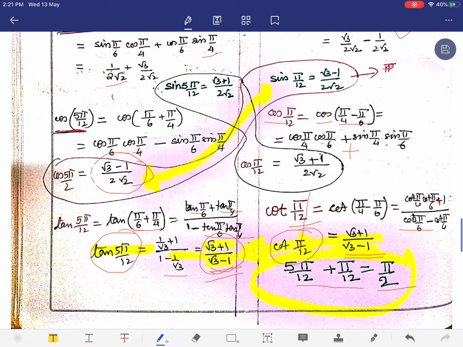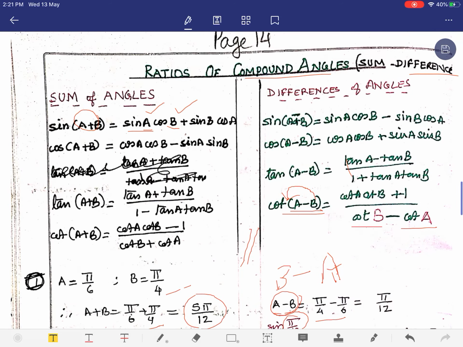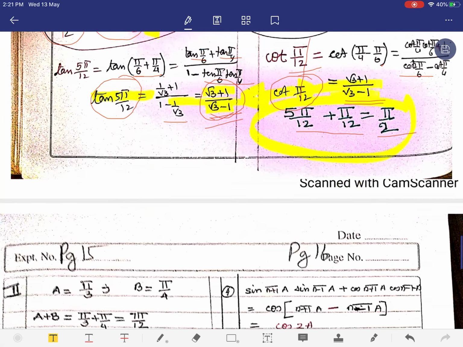Likewise, cos 5 pi on 12 and sin pi on 12 both have the same value, and similarly sin 5 pi on 12 and cos pi on 12 have the same ratios. This is how, with the combination of compound angles, either taking sum or difference, we can find the ratios for a few more angles. So, I have taken up these examples.